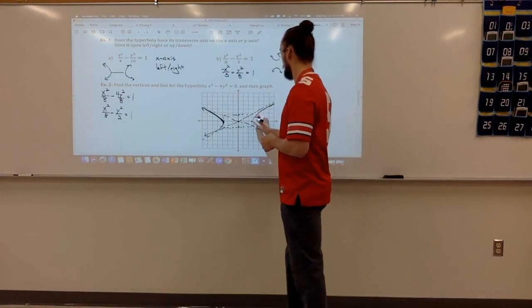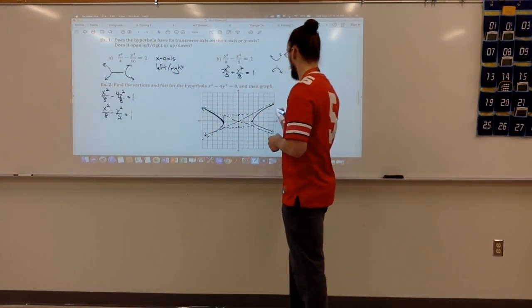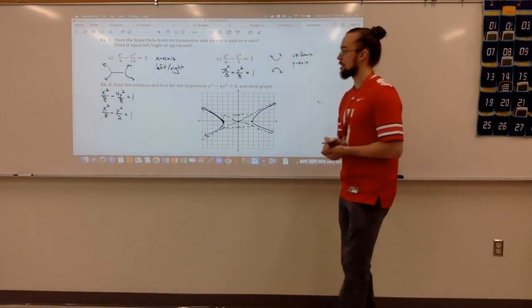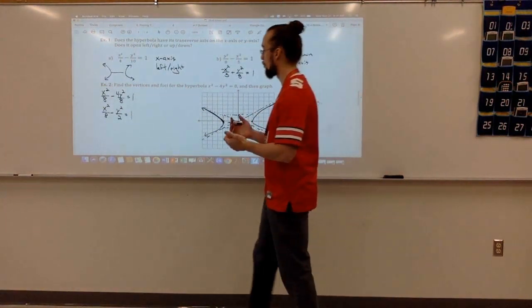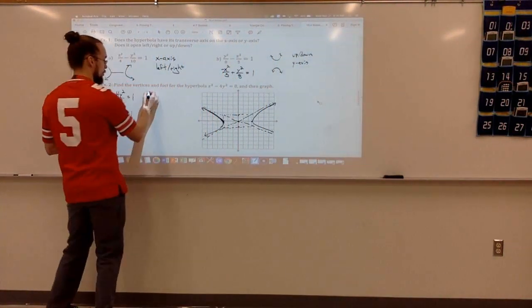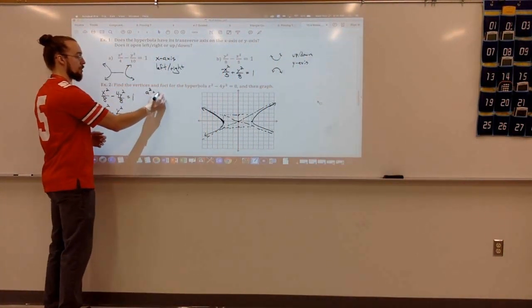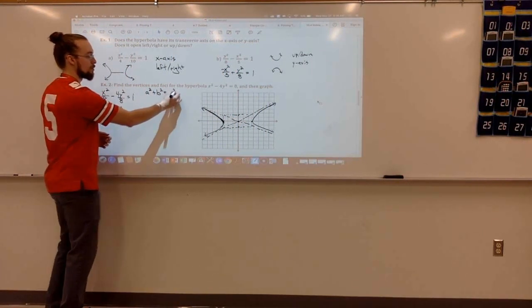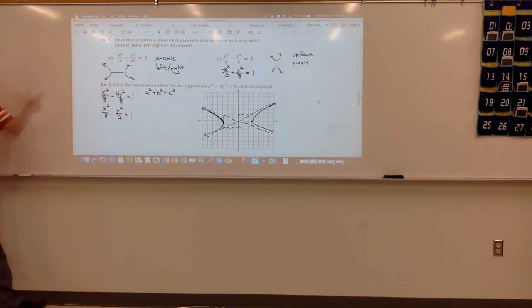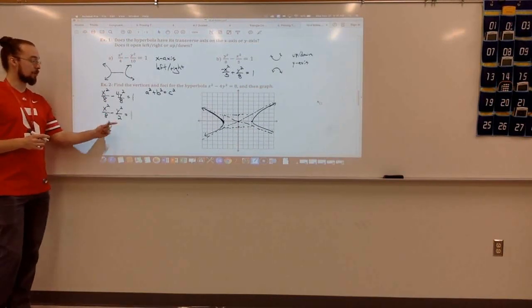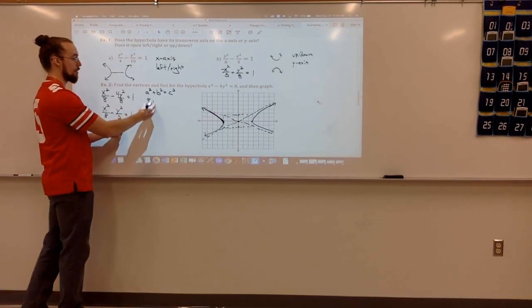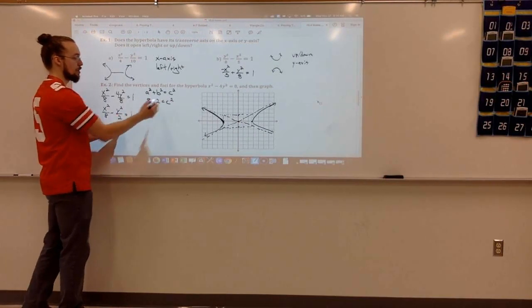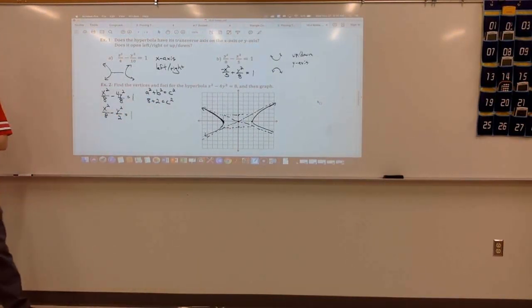Now, we do still need one more piece of information here. It still asks me to find the foci as well. To find the foci, we're using our equation a squared plus b squared equals c squared. My a squared and b squared are 8 and 2, so I'm going to have 8 plus 2 equals c squared.